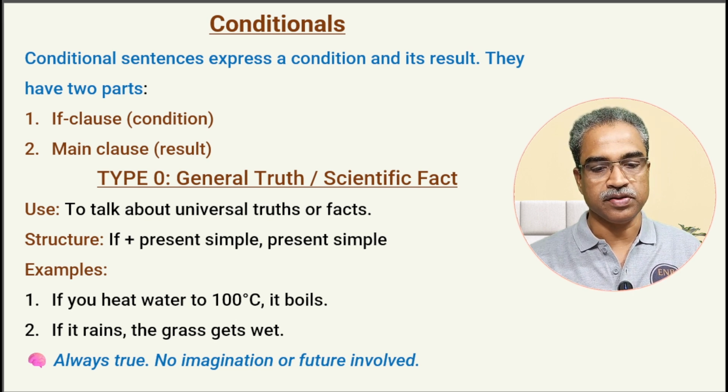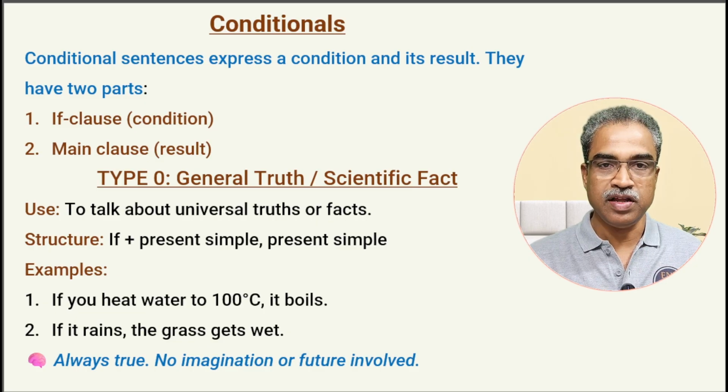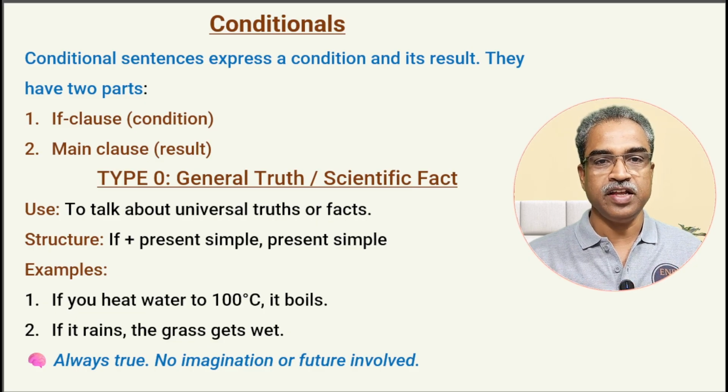So that is the main clause. But if I come to you and say nothing except this, if you heat water to 100 degrees Celsius, then you will be expecting me to say something more, because you got a lot of meaning but not full meaning. It's only partial meaning. So that is the if clause.